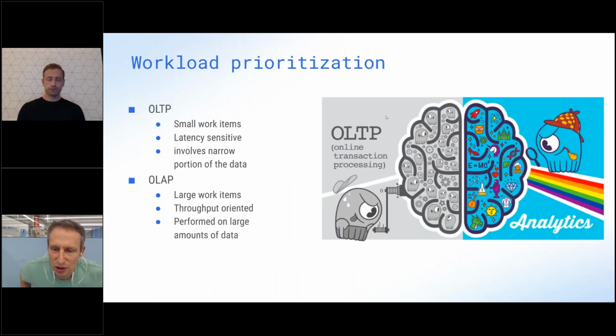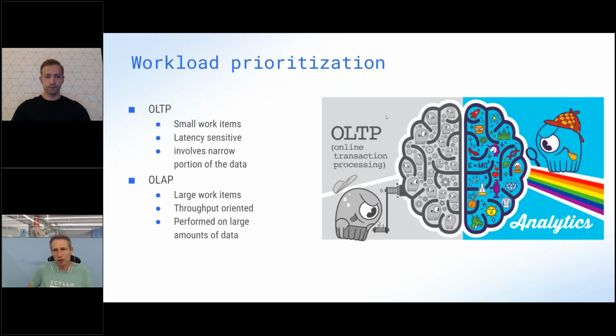Workload prioritization is a cool feature, so I will spend a minute on it just because it's cool. In many use cases, you're actually running two different workloads on the database. One is the real-time OLTP workload, and one is an analytic workload. These workloads have completely different latency requirements. Usually the real-time workload requires low latency, the analytic not as much.